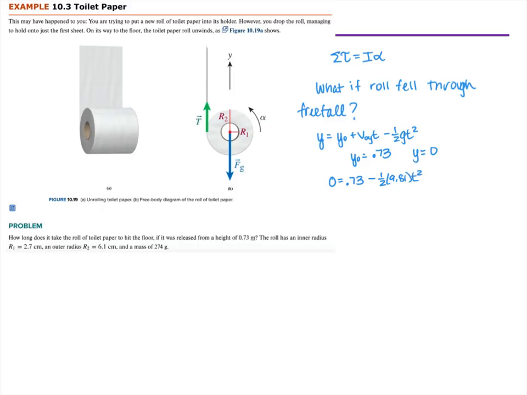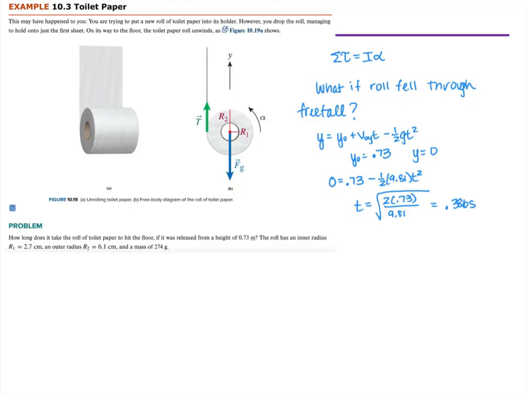So let's solve for the amount of time it takes to fall through free fall. I did the rearranging there. Hopefully you can follow that algebra. And it takes 0.386 seconds to fall. So that's something that we can remember.